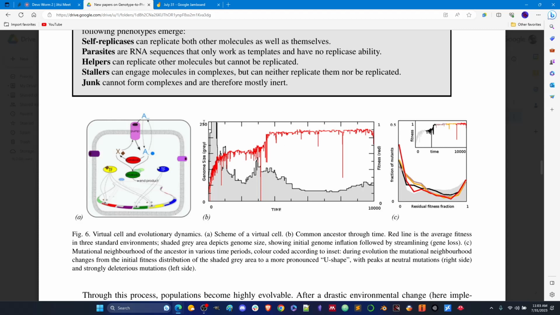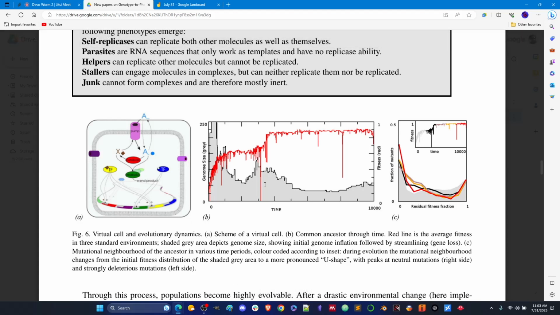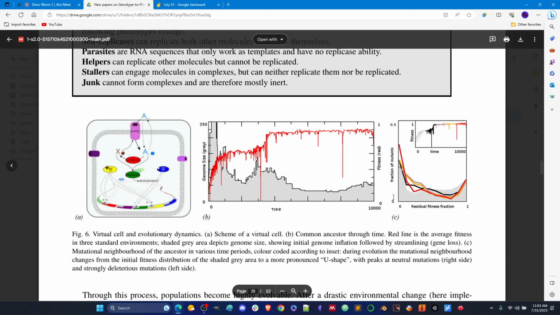This shows the genome size in gray, and then this red function, which is showing the common ancestor through time. The red line is the average fitness in 3 standard environments. So this is the fitness versus the genome size. The shaded gray area predicts genome size, showing initial genome inflation, followed by a streamlining or gene loss.